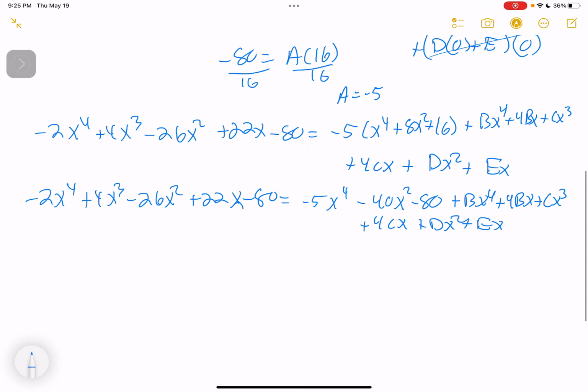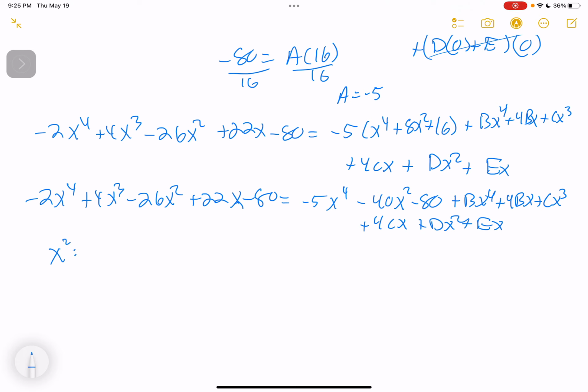Okay, so now we're going to look for something, anything else. I'm seeing the squared. So in terms of the x squared on the right side, I have a minus 40x squared and a Dx squared. So let's just go off that for the moment. Oh, and we could do x to the fourth. But I just talked about the x squared, so let's look at x squared.